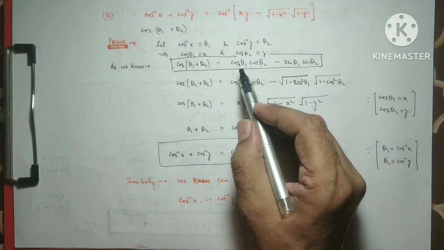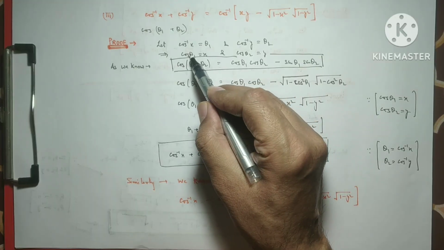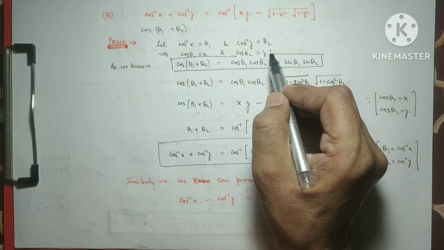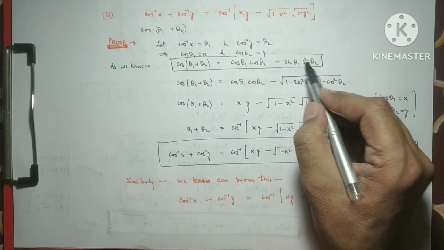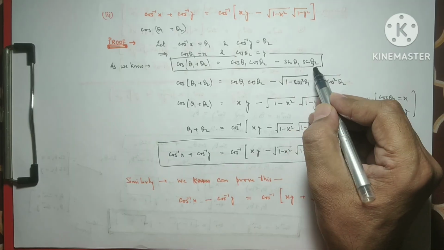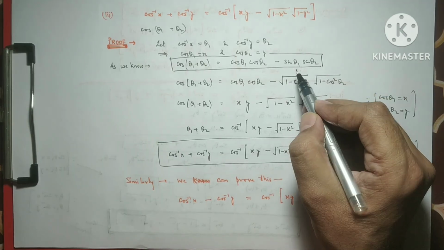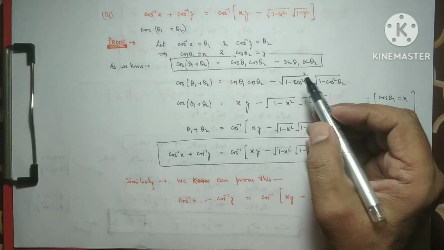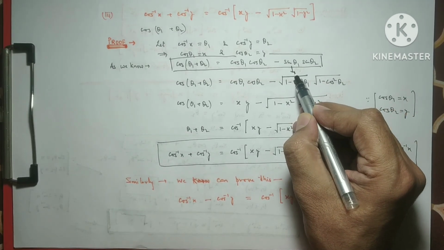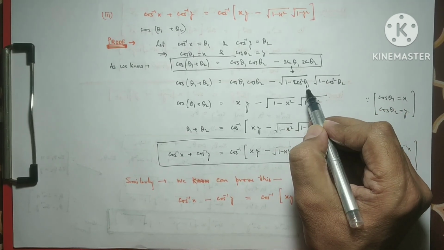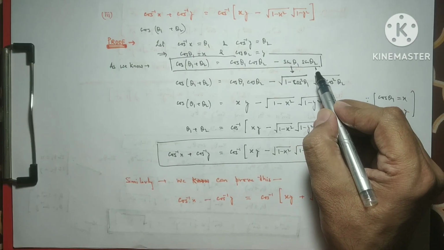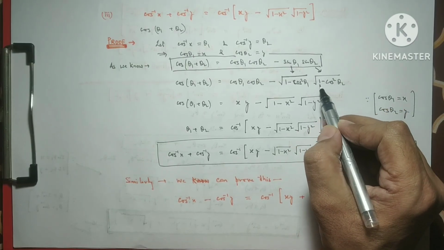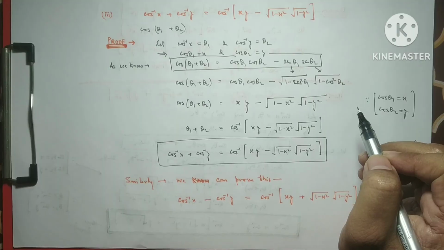Now we have the values of cos theta 1 and cos theta 2, but in this formula we have sine expressions also. So first we convert these into terms of cos. We can write sin theta 1 as under root 1 minus cos square theta 1 and sin theta 2 as under root of 1 minus cos square theta 2.